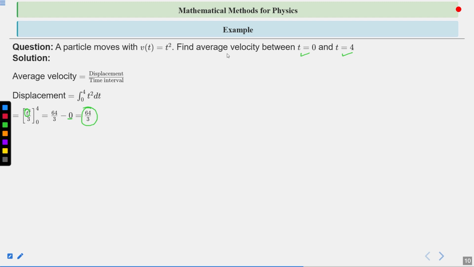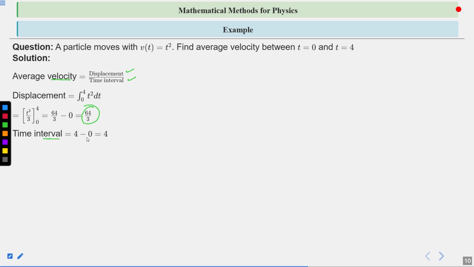But we have to find out the average velocity. How can we find out the average velocity? This is the displacement. Yes or no? Now using the displacement, we will find the average velocity. We know average velocity is displacement upon time interval, and displacement is 64 by 3.